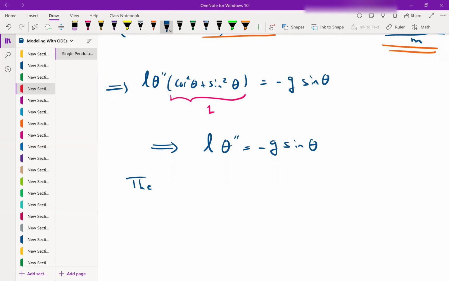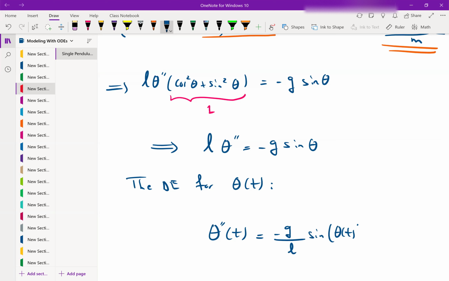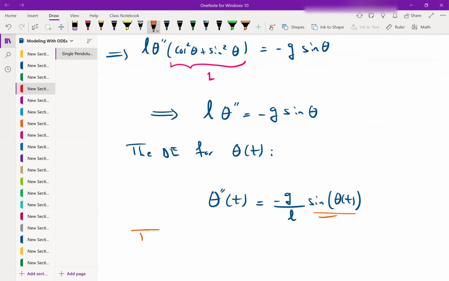The differential equation for theta of t, for the angle with the vertical, can be written as theta double prime of t is negative G over L sine of theta of t. This is a second order ODE. It is nonlinear because we have sine of theta. This is a nonlinear second order ODE.